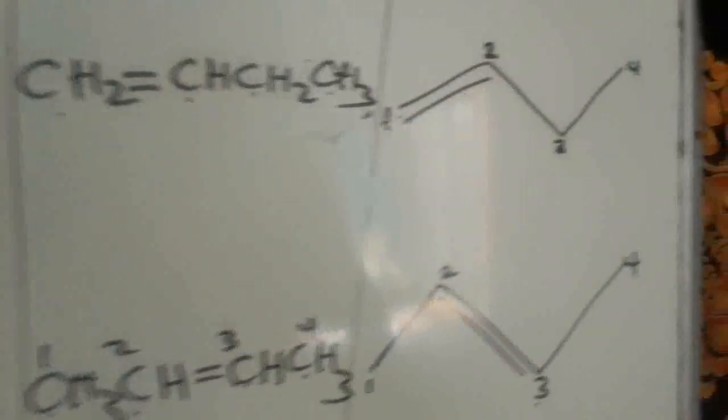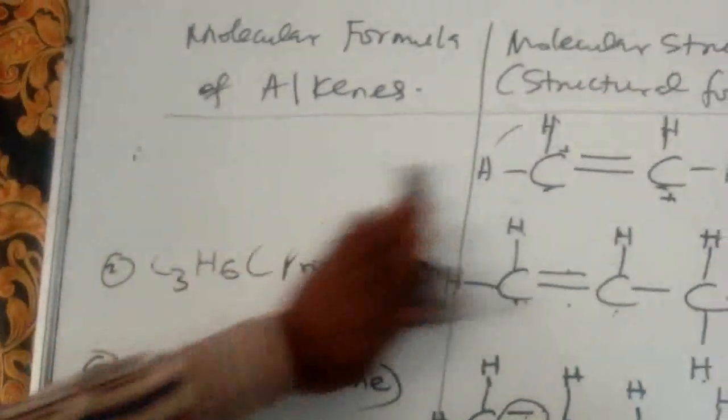We may look at the fourth member called pentene. Pentene is C5H10.